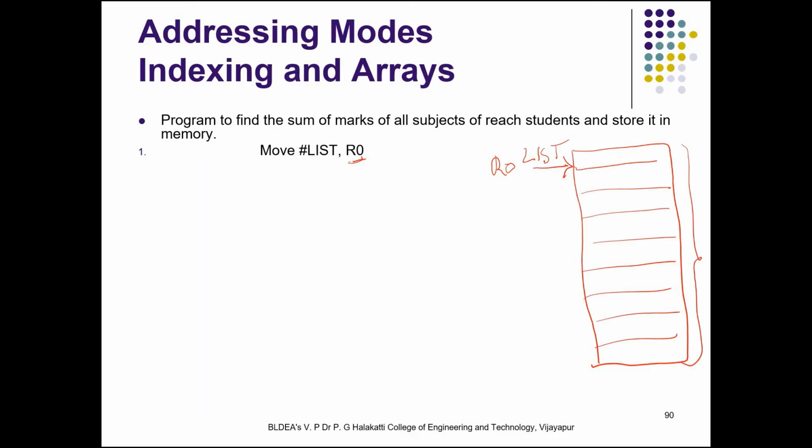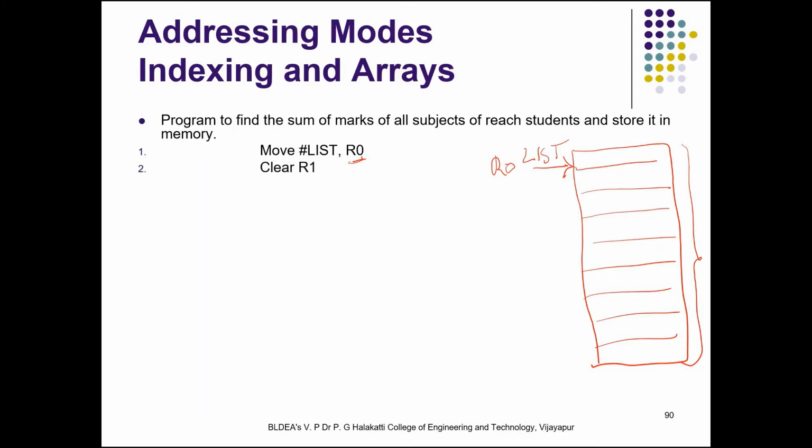So the whole block will be given a single name, and that I call an array. Okay, so R0 is containing the memory address of the array called list. So whenever we write move hash list, it means the address of list is stored in R0.